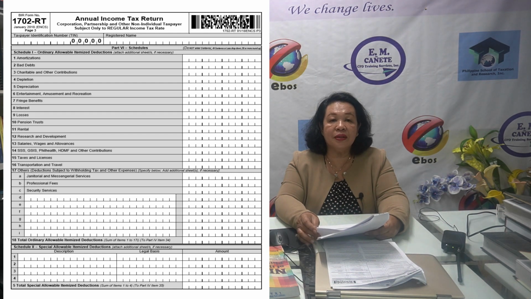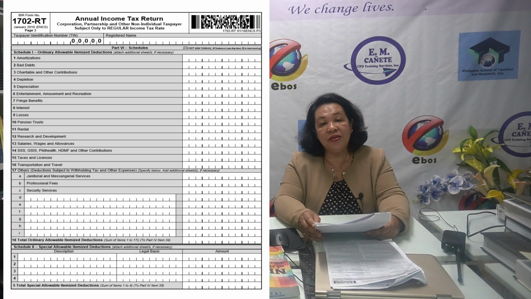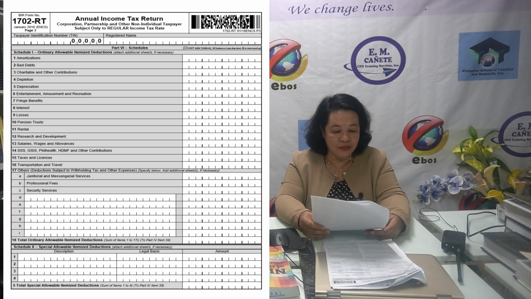But if it is a firm, non-individual, then 10% and 15%. We also have the security services, which are also subject to the 2% withholding tax, but the basis is only net of salaries on the gross income of security agencies.